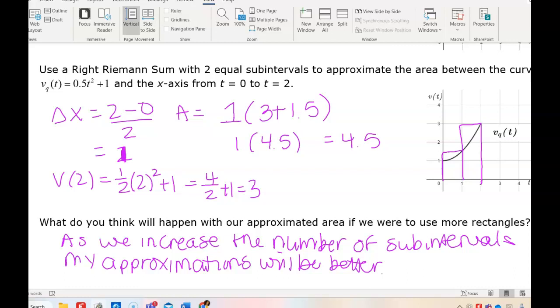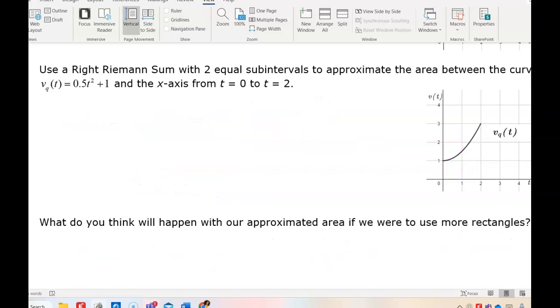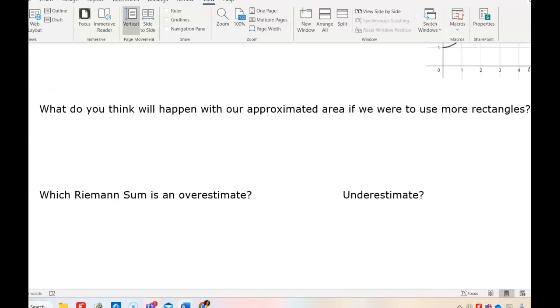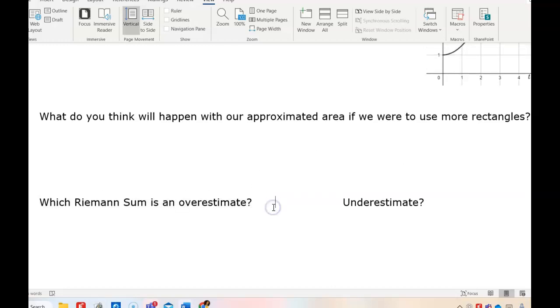And then looking at the previous graphs above, which Riemann sum was an overestimate, and which Riemann sum was an underestimate? All of our right endpoints were above our curve because our curve was concave up and we came from the right. So the right Riemann sums were an over.